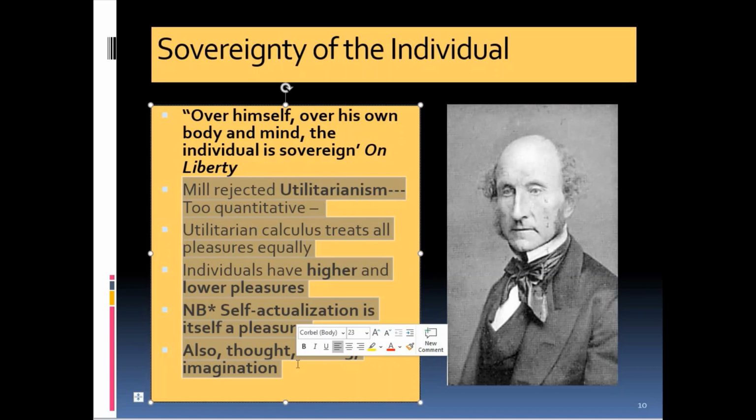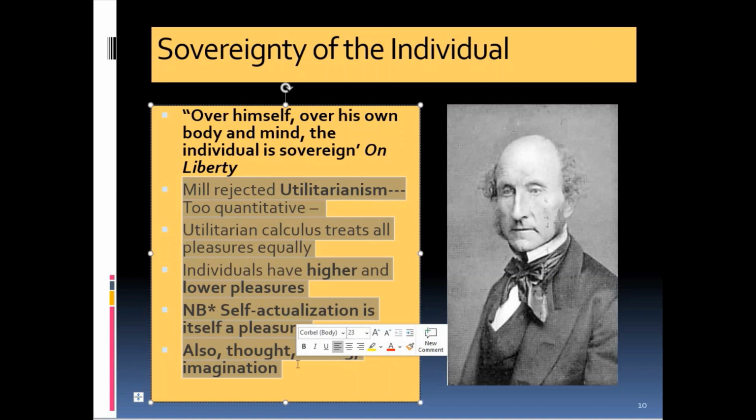Fine, okay. However, for Mill, utilitarianism is too abstract, it's too neutral, it's too homogeneous, right? And what I mean by that, and this is Mill's argument, is that the utilitarian calculus treats all pleasures equally. So Mill says the way individuals pursue pleasure is quite complex.